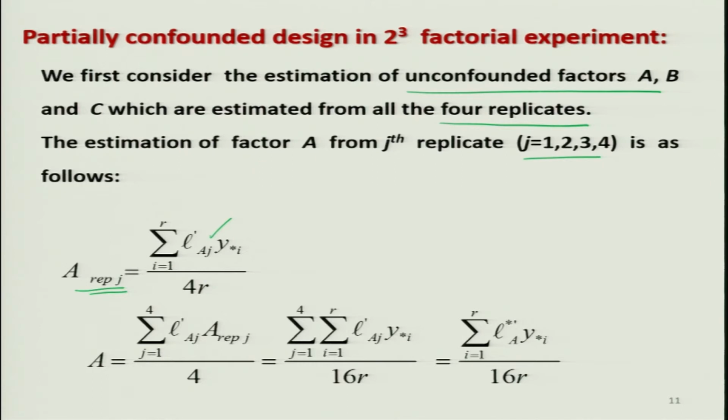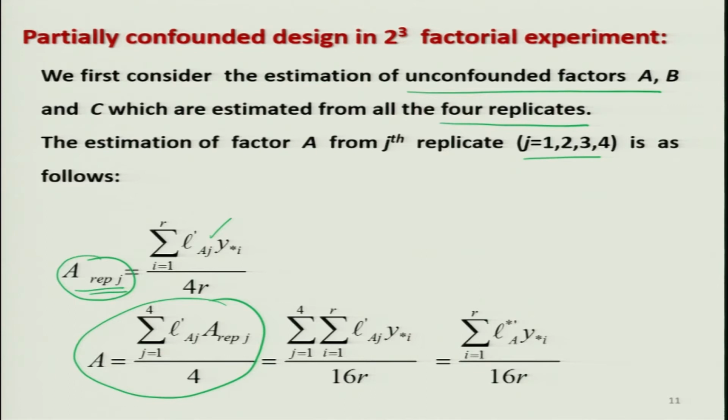So, now we try to find A from replicates 1, 2, 3, 4 and take its expectation. That is, we are finding the arithmetic mean of these 4 values.